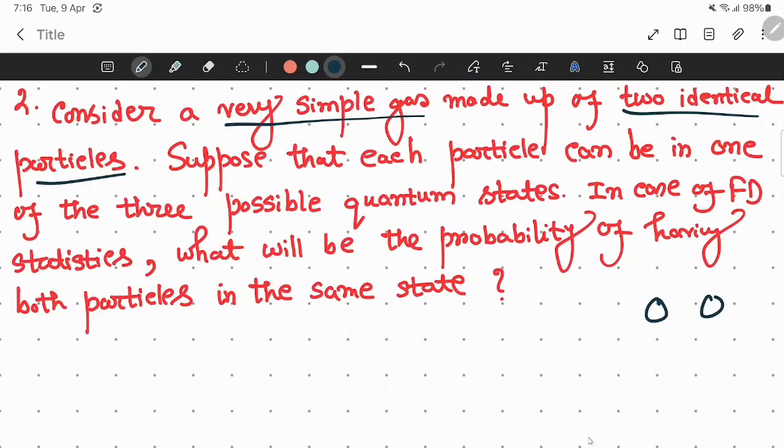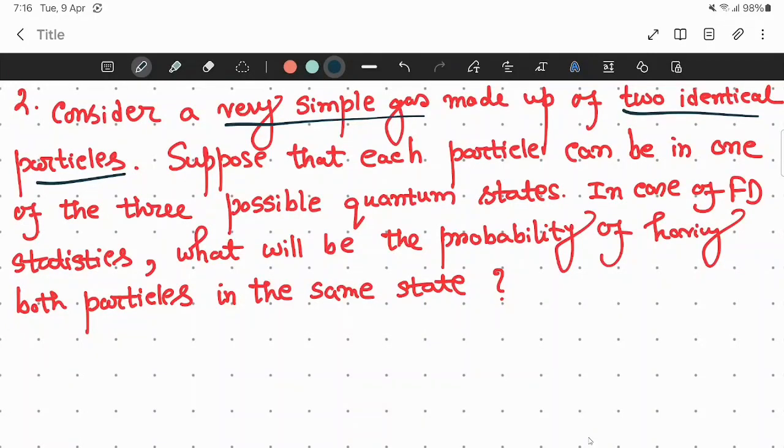Suppose that each particle can be in one of the three possible quantum states. In case of Fermi-Dirac statistics, what will be the probability of having both particles in the same state? Means there is a very simple gas, a very dilute gas, having only two molecules or two atoms, you don't know, but two particles are there.